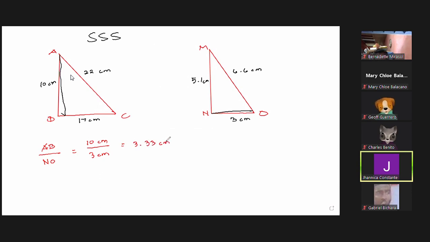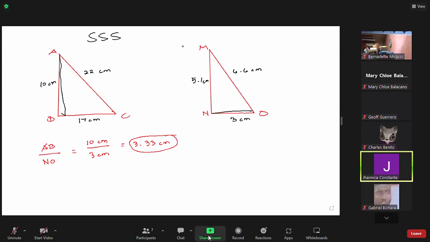That's the ratio between side AB and side NO. So this will be our base to prove that the triangles are congruent based on the SSS theorem.